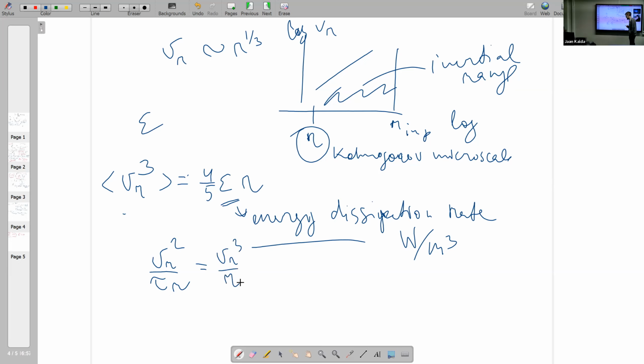That's how much energy per unit time is transferred from bigger vortices to smaller vortices, and once it reaches the smallest vortices, it goes to dissipation. So that's epsilon. Now epsilon is not per volume, but per kilogram; it's easier to write per kilogram, so we get rid of the density. So V(r) cubed divided by r is epsilon, the dissipation rate, and this is our first equation.